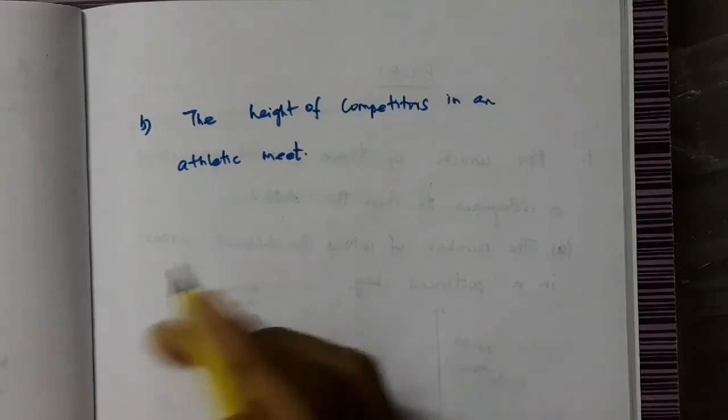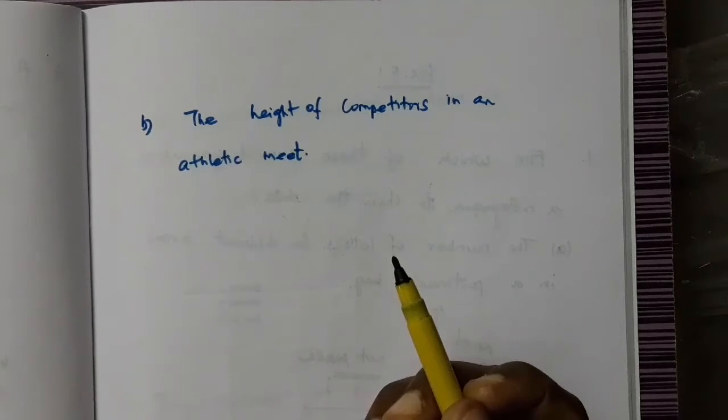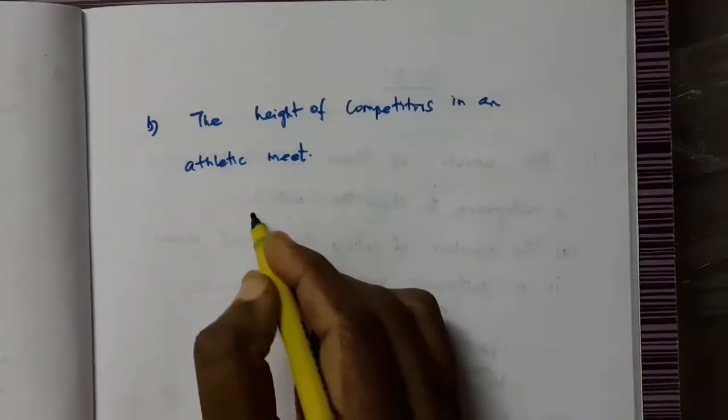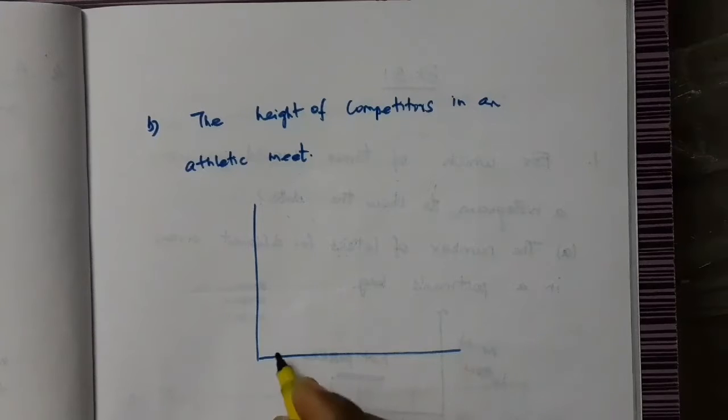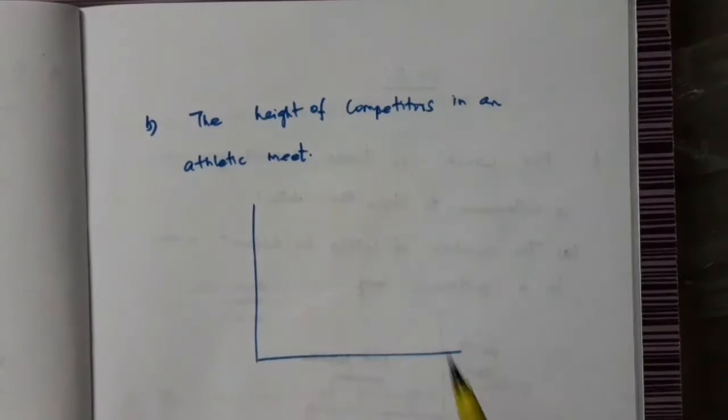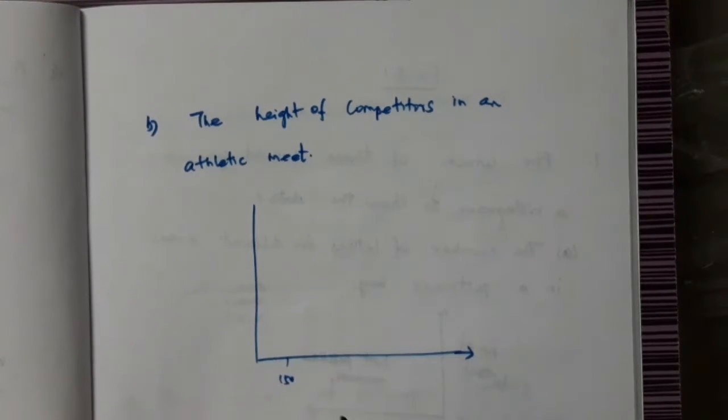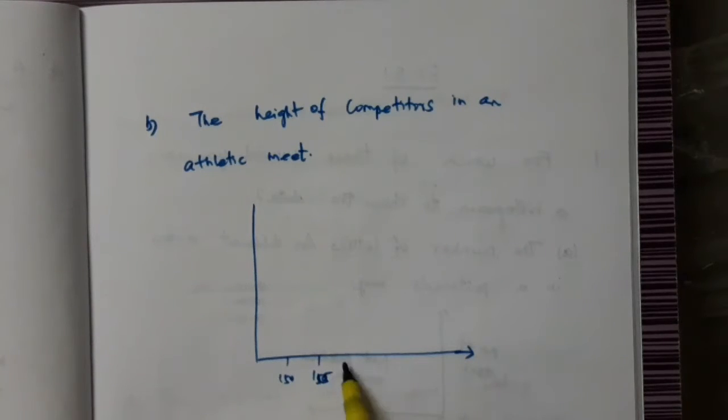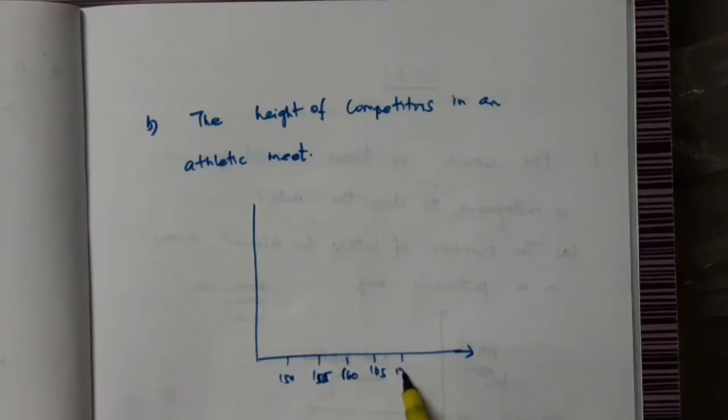The next is the height of the competitors in an athletic meet. We can start from 150 or some number, 150, 155, 160, 165, 170, 175, 180. These are the heights in centimeters.